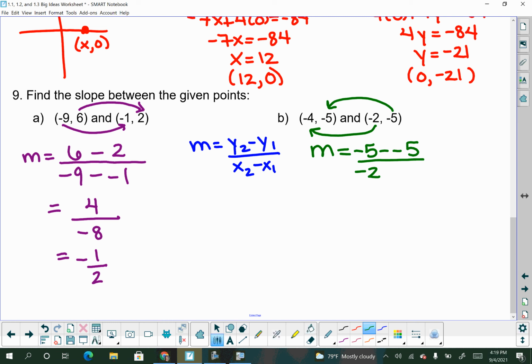Negative 2 minus negative 4. Negative 5 minus negative 5 is like negative 5 plus 5, so I actually just get 0 on the top. Negative 2 plus 4 on the bottom gives me 2. 0 divided by anything is 0, so we have a slope of 0. Now, if your 0 is in the denominator, remember you cannot divide by 0, so we would say that the slope is undefined.